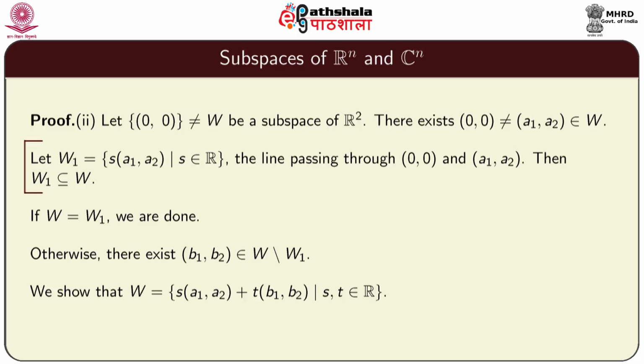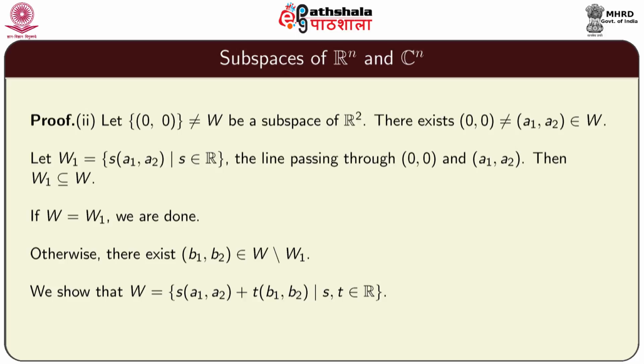Let us take W1 to be all the scalar multiples of (A1, A2). You know what that geometrically means. It is nothing but the line passing through the point (0, 0) and the point (A1, A2). Since (A1, A2) is in W and W is a subspace, therefore, W1 is contained in W. If W is equal to W1, then we are done.